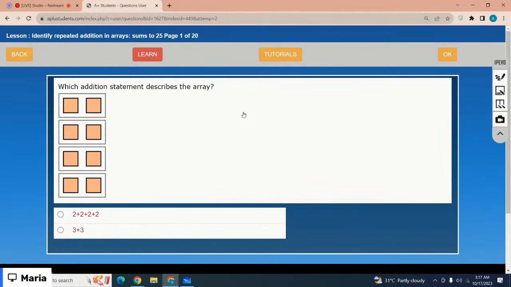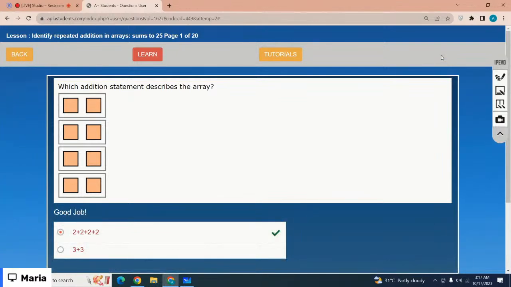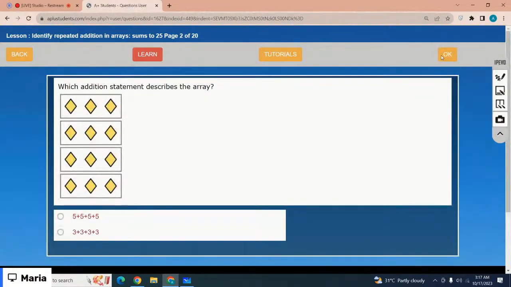The correct option is option number 1. Which addition statement describes the array?